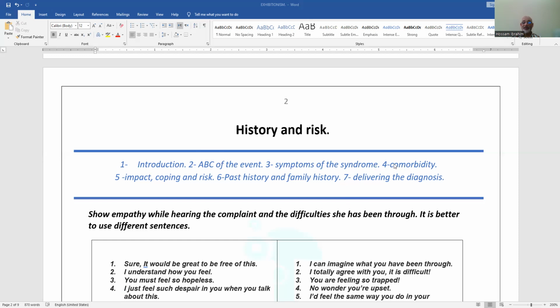The comorbidity assessment has the same set of questions for all the stations. Likewise, the questions for the impact, coping, and risk, the past history and family history all have the same set of questions. And eventually, delivering the diagnosis differs from one station to another according to the scenario, according to the syndrome of the patient.